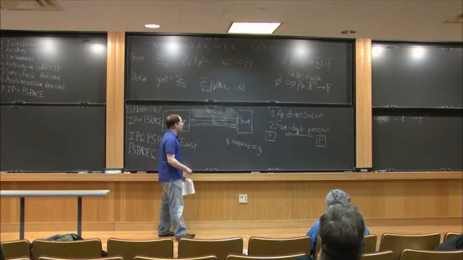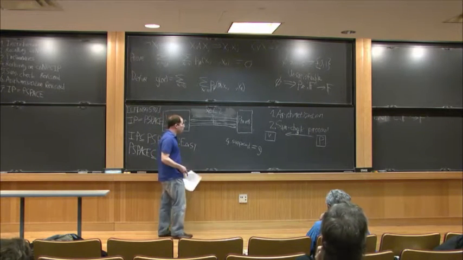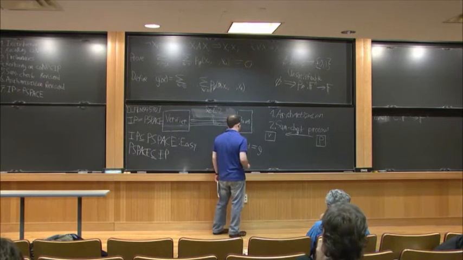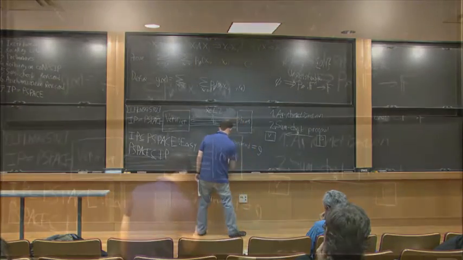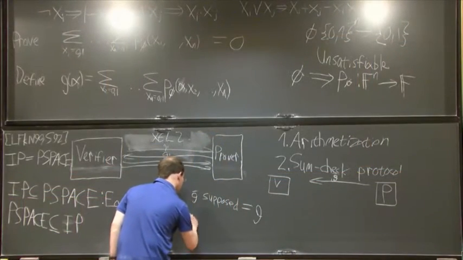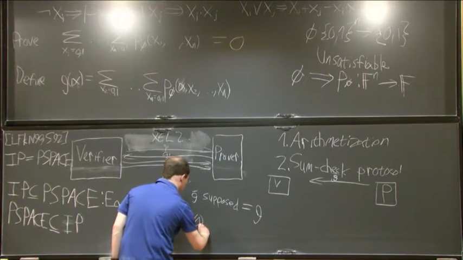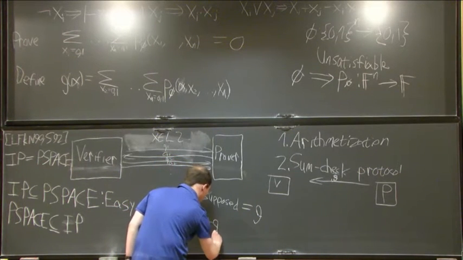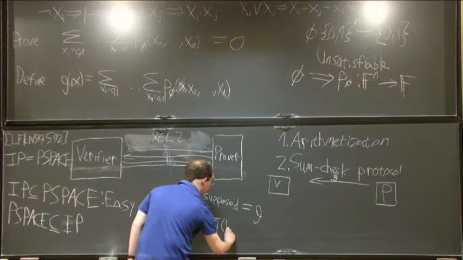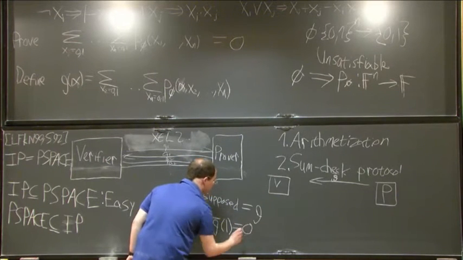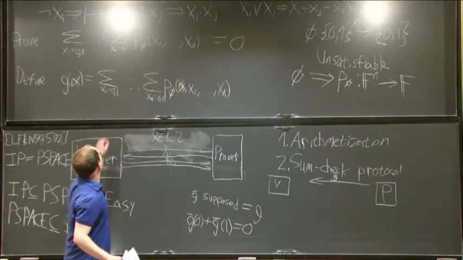And the verifier, the first thing that the verifier checks is that g bar of 0 plus g bar of 1 is equal to 0.